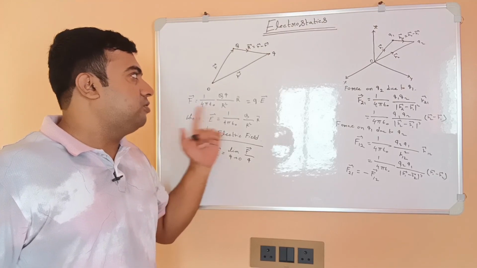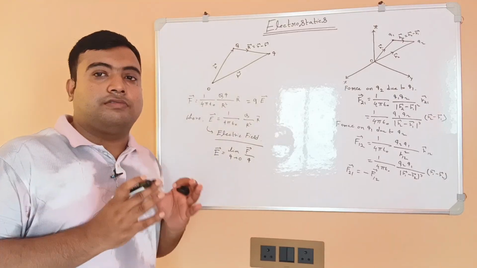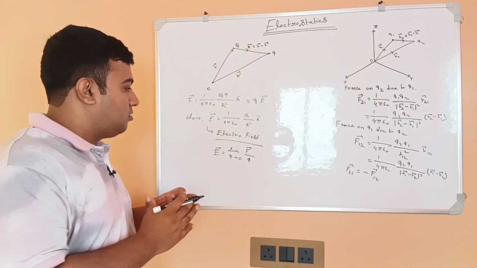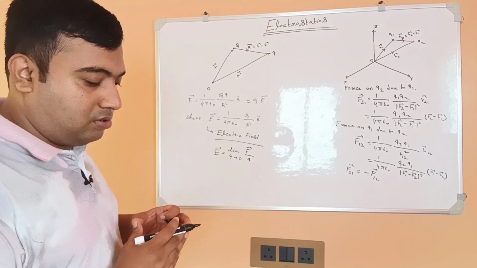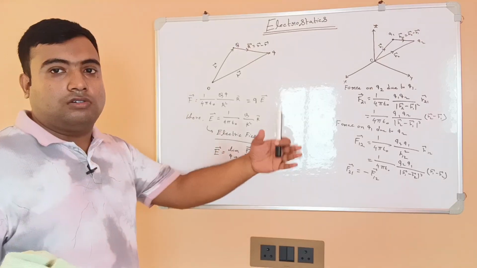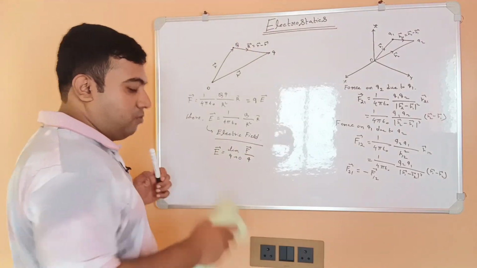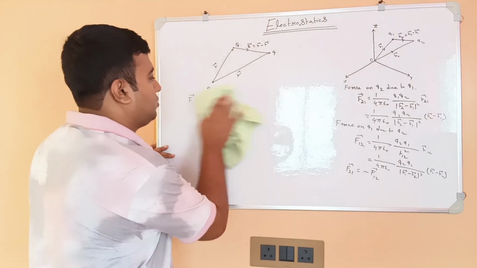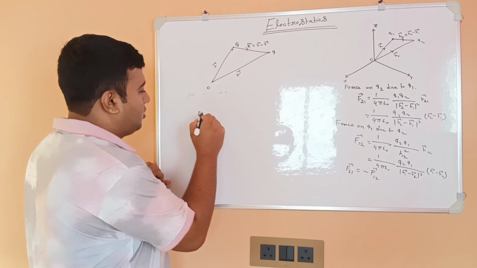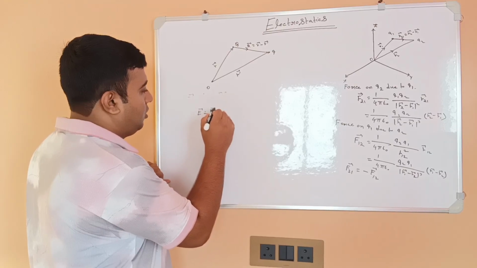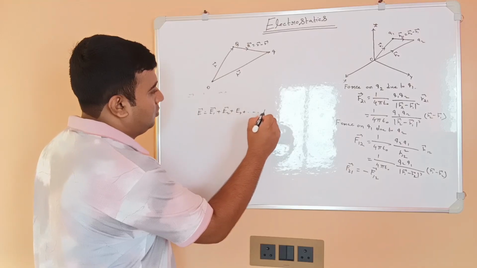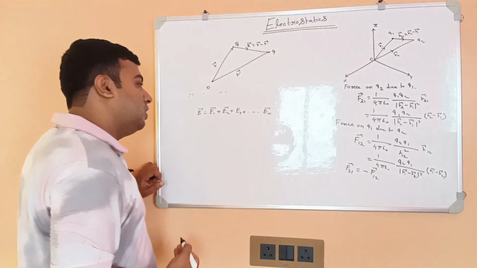Also, the electric field obeys the principle of superposition. If there are discrete point charges q1, q2, up to n number of charges, the total electric field E is equal to E1 plus E2 plus E3 up to En.